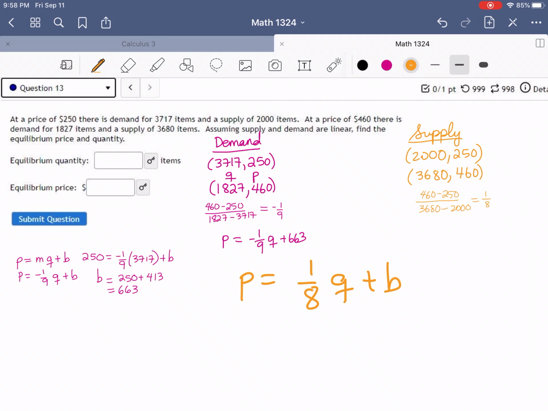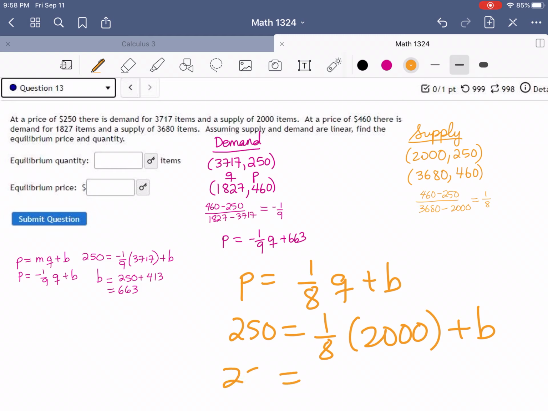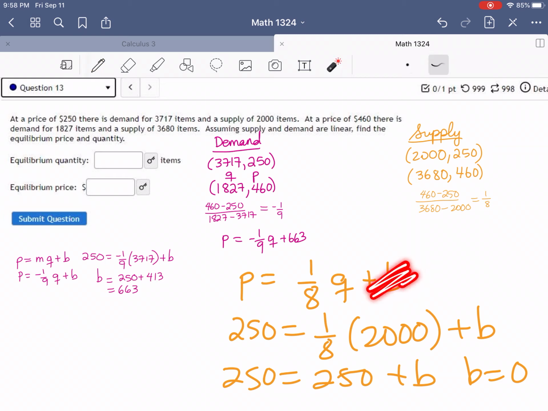So we get 250 equals 1/8 times 2000 plus B, and solving for B, we get 250 equals 250 plus B, and therefore B equals 0. So in fact, this here is 0, and so we get this as our equation for supply.